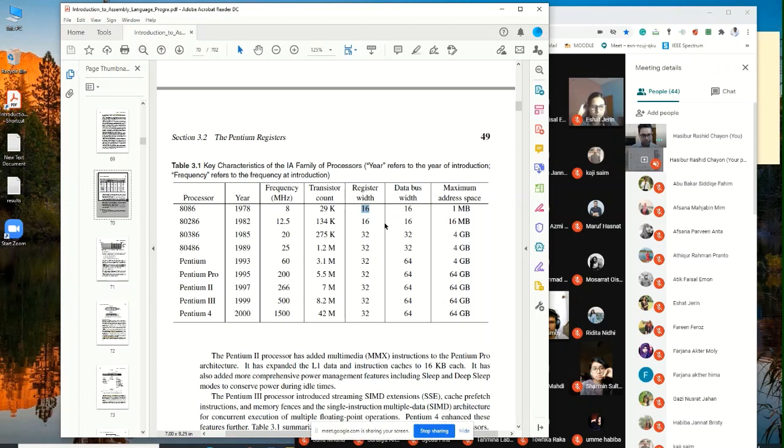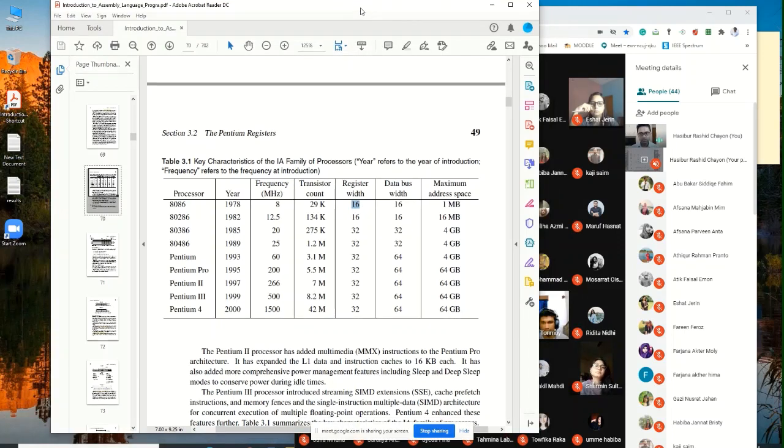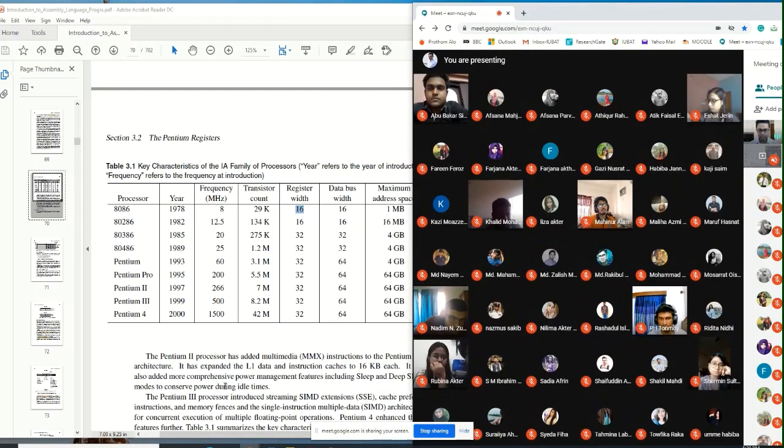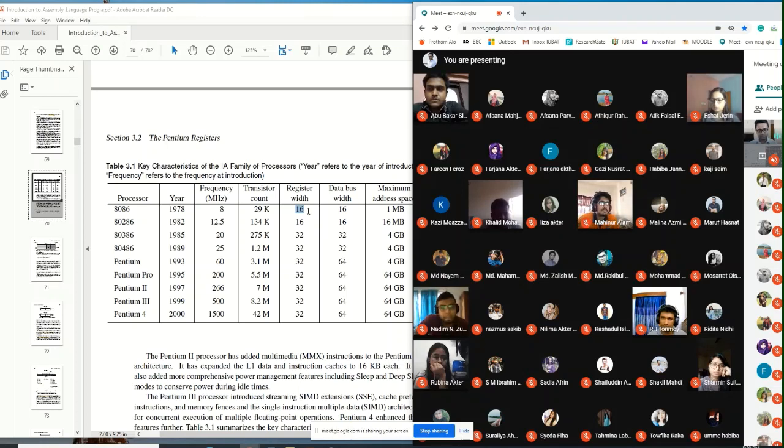That is an issue, because whenever you are processing data inside the processor, you get 20 bits of address bus, but when you try to save this address into the internal register, that internal register width is 16-bit. So what do you think will be the issue of this? Our address bus is 20-bit, but register width is 16-bit. What will be the problem?